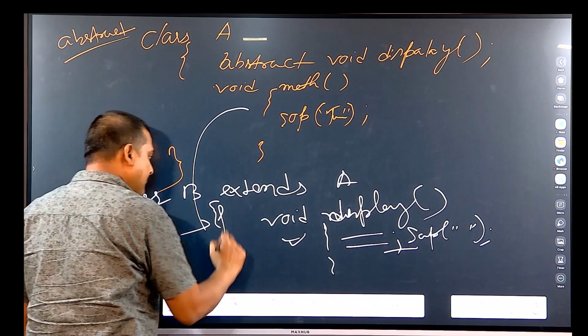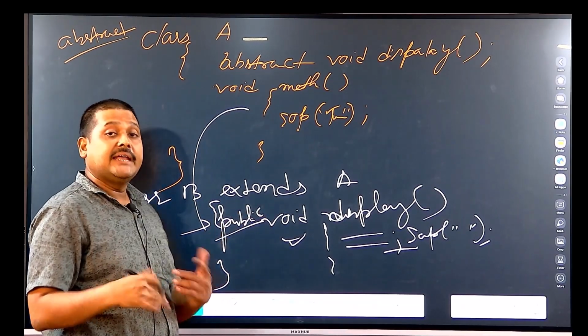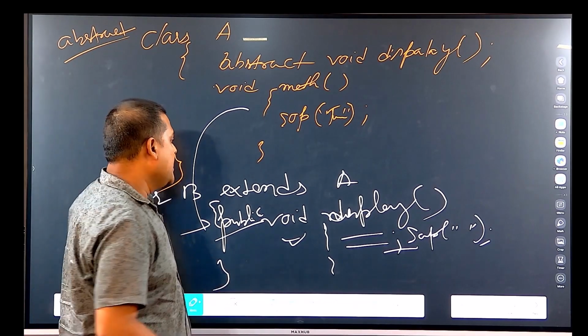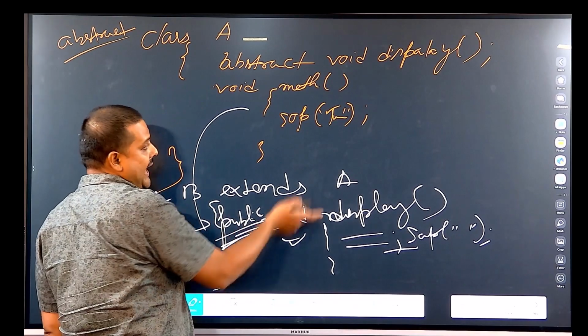It must also be public so that it can be accessed by others. By this we can access this method.